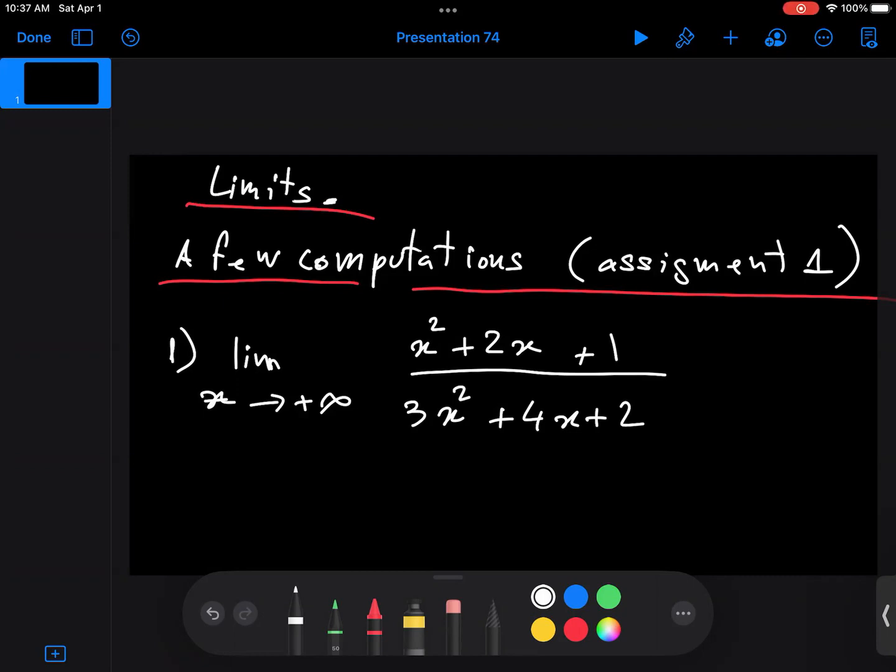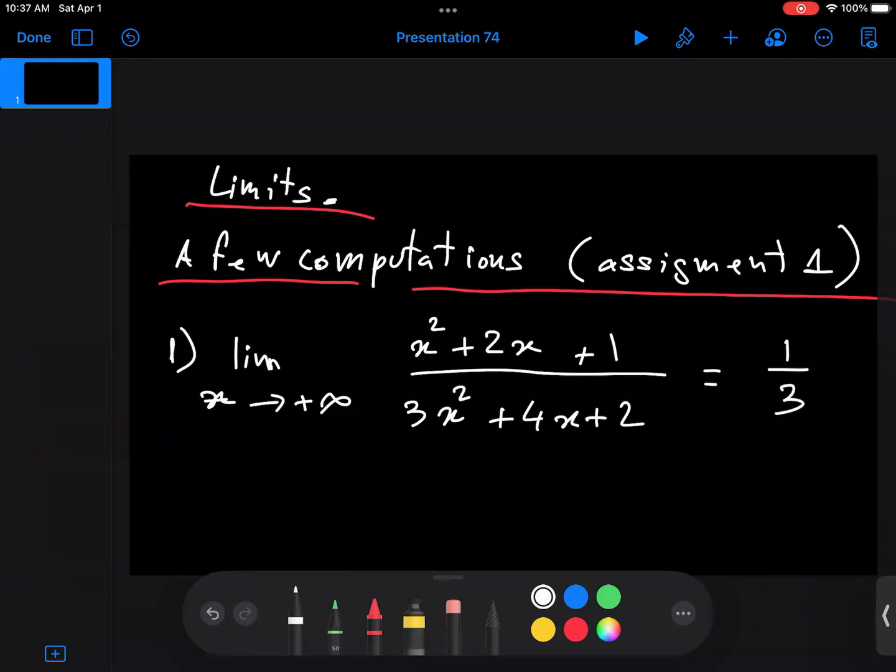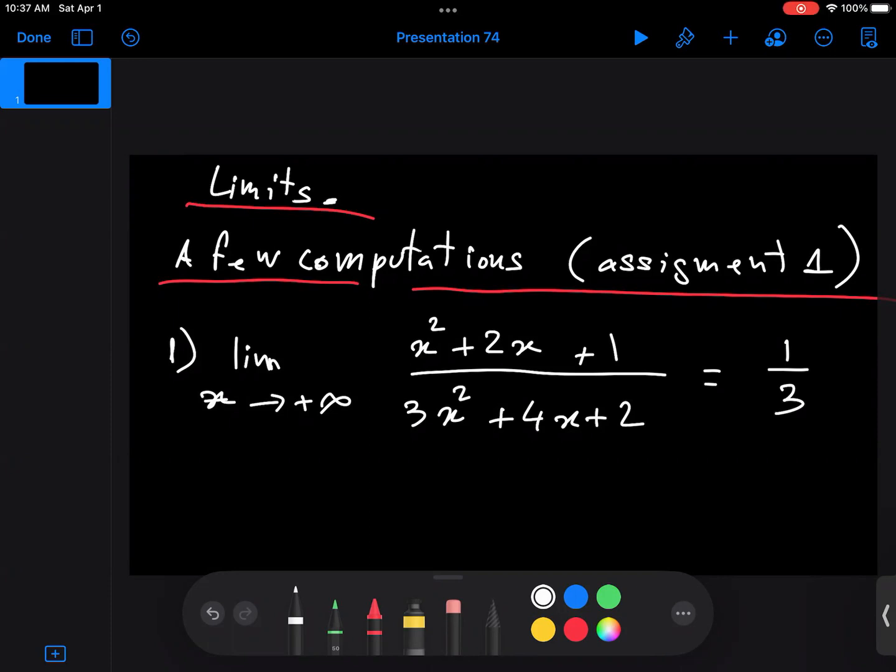The larger number you choose for x, if you take your computer or a calculator, you will see that this computation is going to approach 1 divided by 3. So why? Let me explain why.